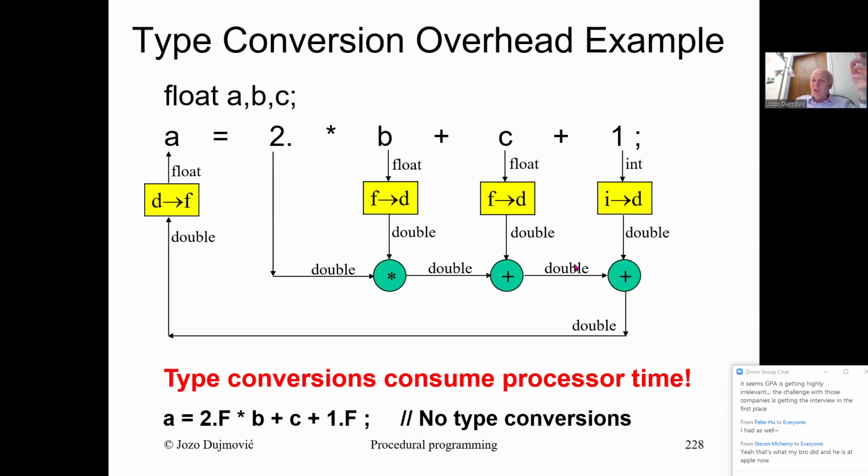Now comes the addition of this one. Sorry, folks. This here is an integer, and this here is double. You cannot add double and integer. You can add 2 doubles or 2 integers, but not integer and double. So this integer has to be promoted to double, and you have to convert this one, which is plenty of zeros with 1 at the end, to mantissa and exponent.